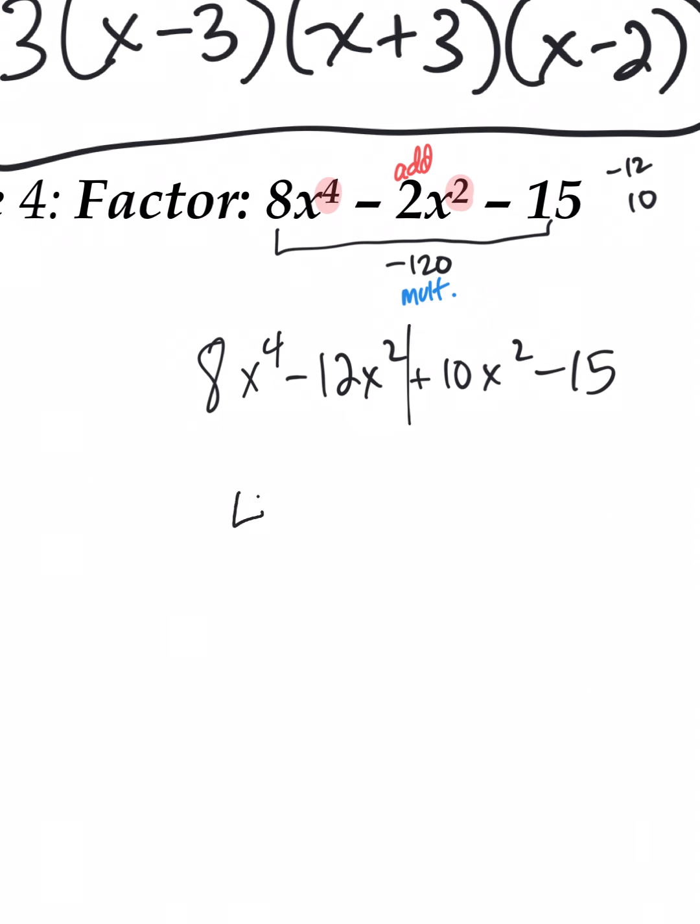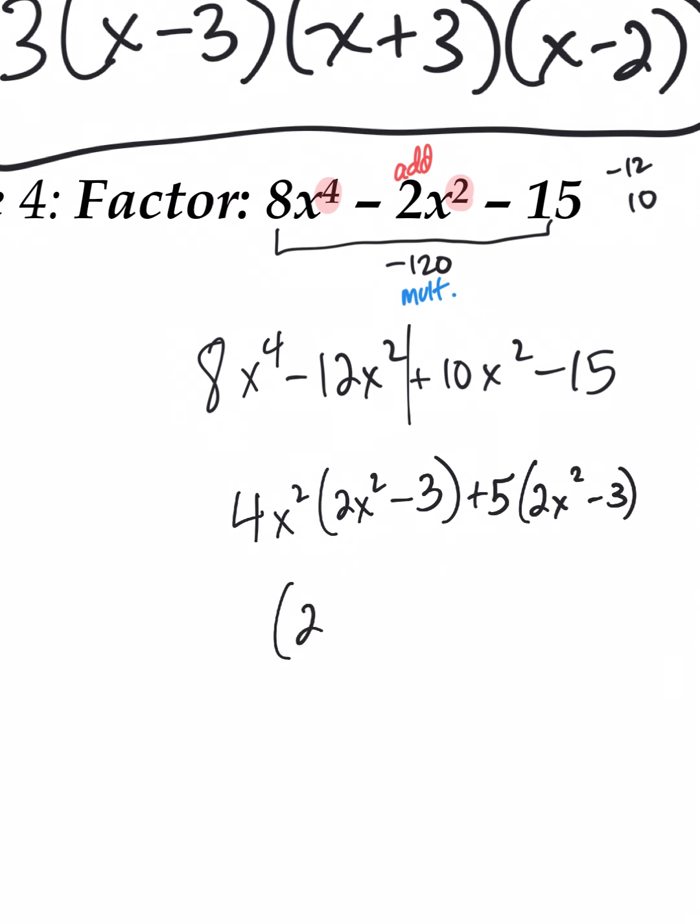We have a 4x squared in common. And then over on the right-hand side, we have a 5 in common. And again, we see that our quantities inside the parentheses match. That means we can factor that out and multiply by what's remaining.